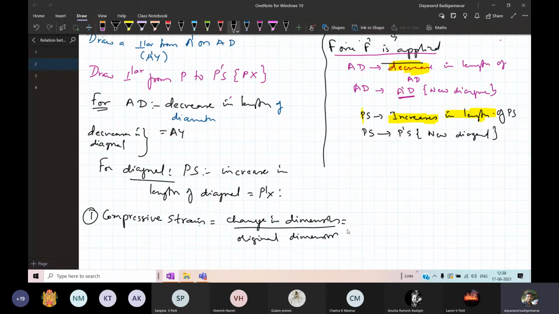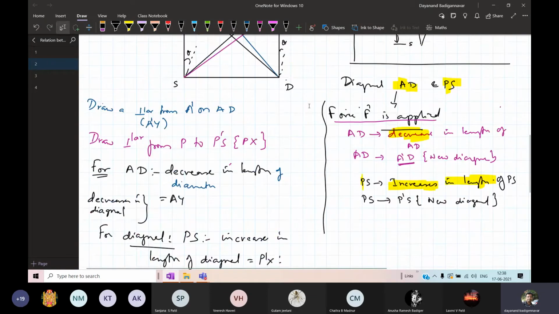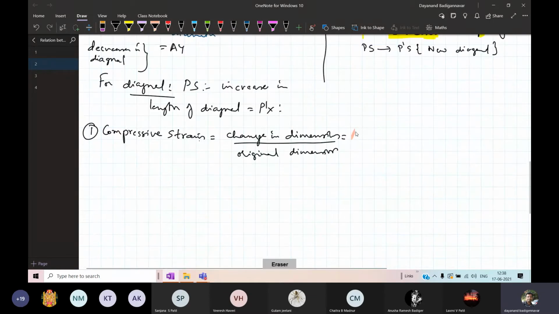What is the change in dimension in the first case? Look here, it is A dash Y. This much length has been changed. This is the amount of length that has been decreased. Therefore, I can write it as A dash Y.